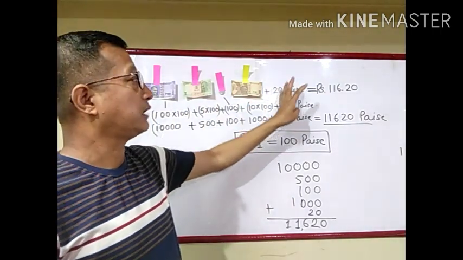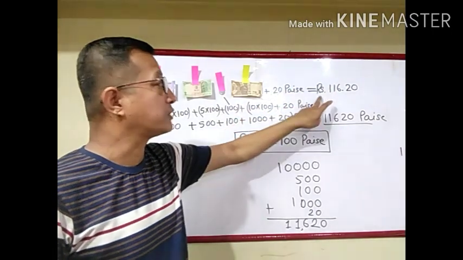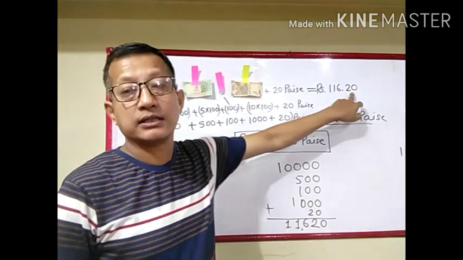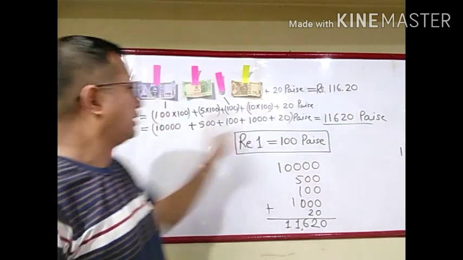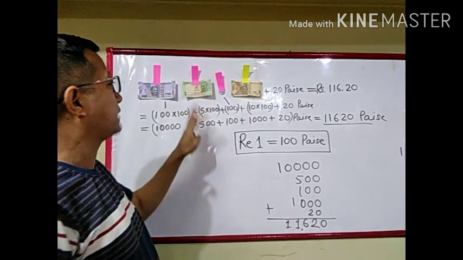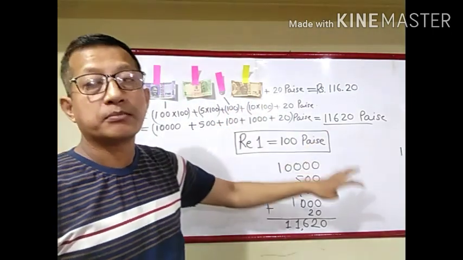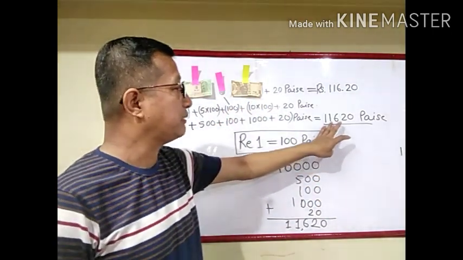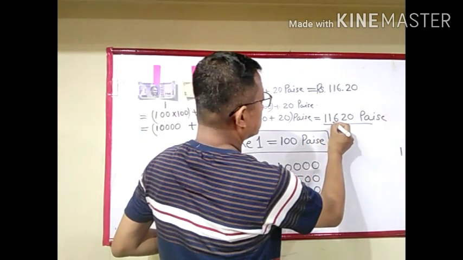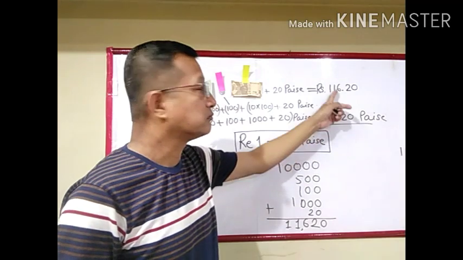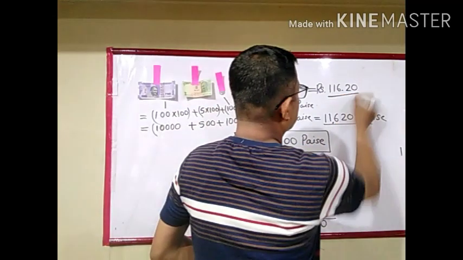If you add and convert in rupees, how much rupees have you got? 116.20. And when you convert this to pies, this much rupees equals how much pies? 11,620 pies. See here, check both numbers, these numbers and this number.